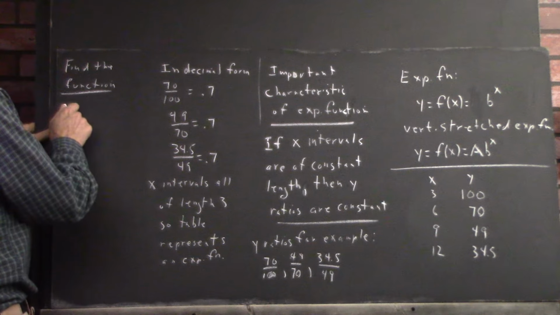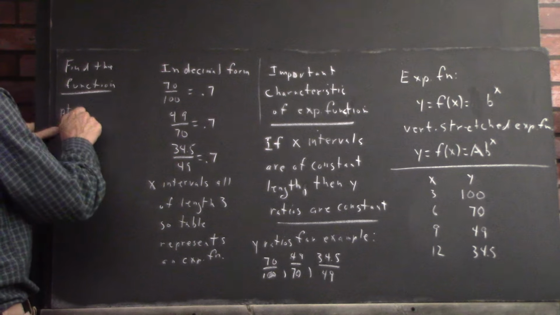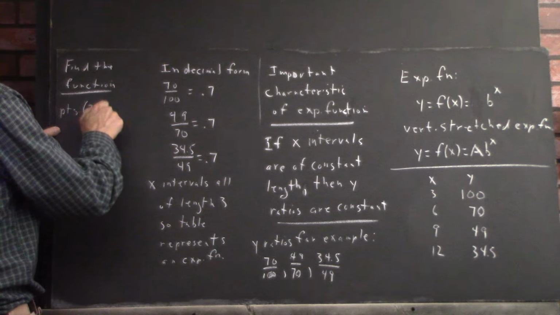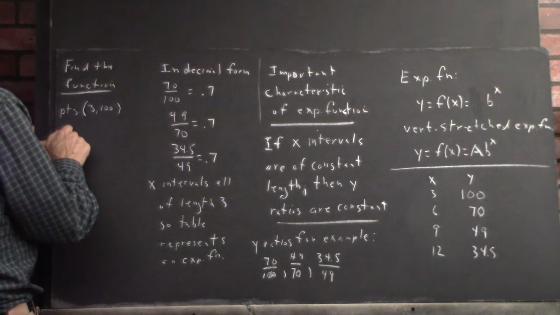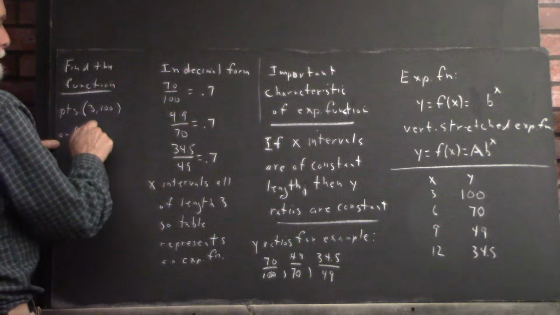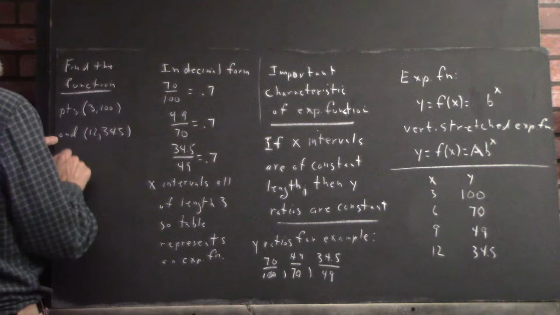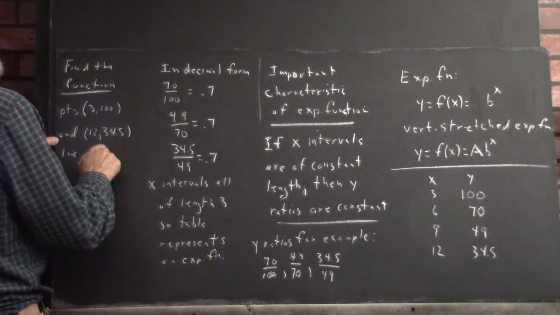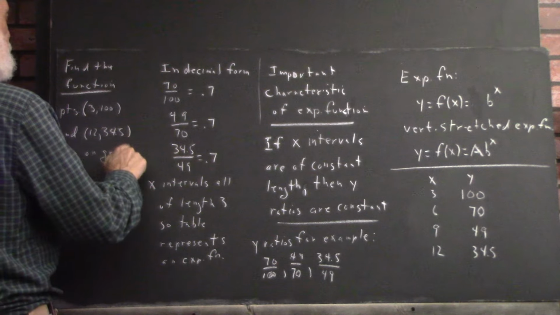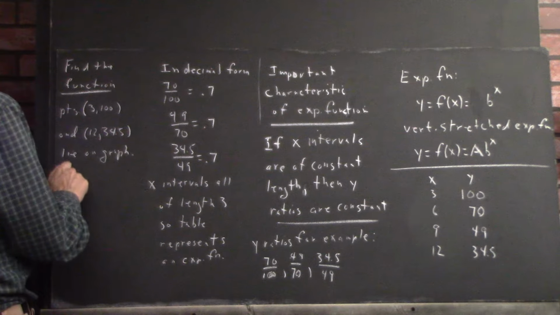I could say the points (3, 100) and (12, 34.5) lie on the graph.